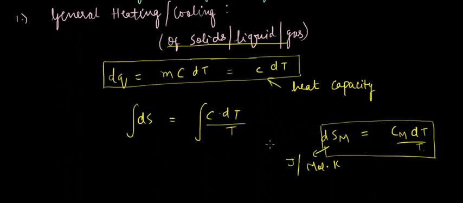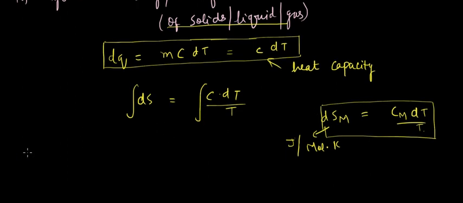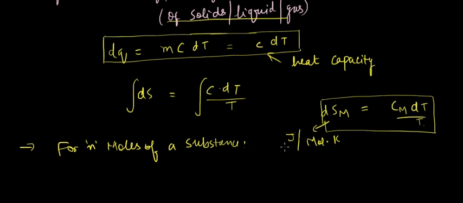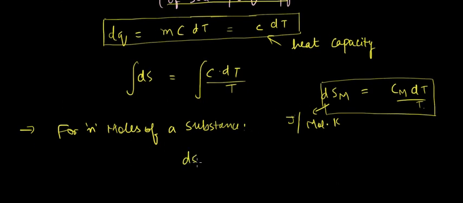Okay, so from this we can write that for n moles of a substance, dS would be equal to n Cm dT upon T.